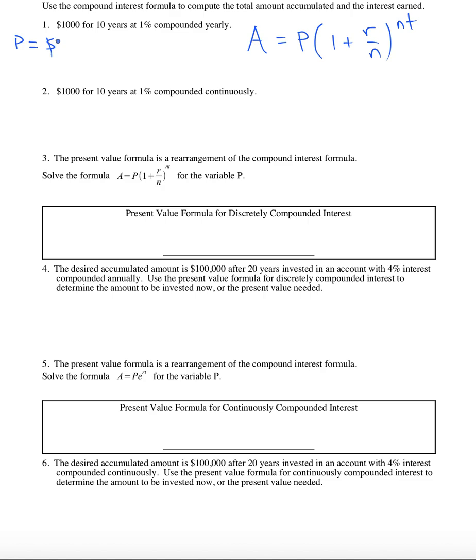The principal is $1,000. N is 1 because it's yearly compounding. T is 10 years. And R in decimal form is 0.01.